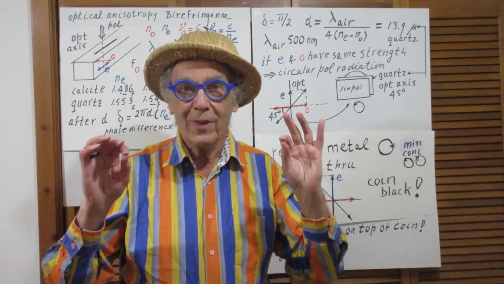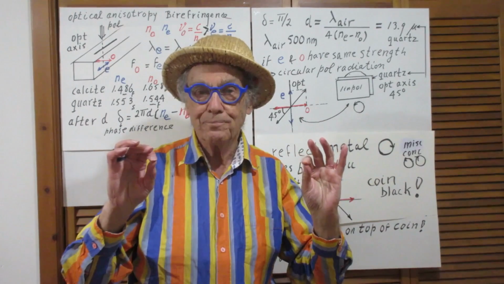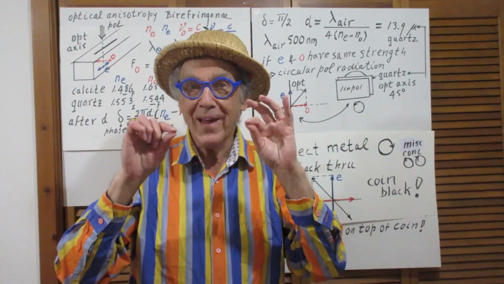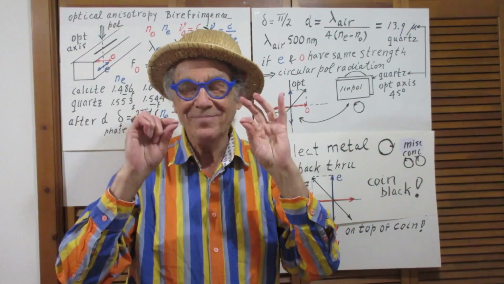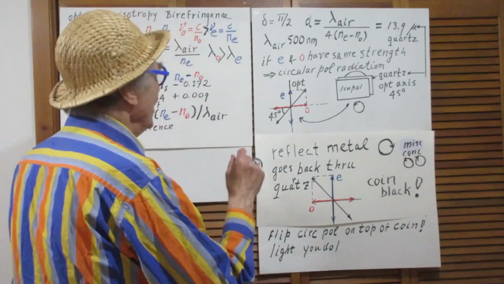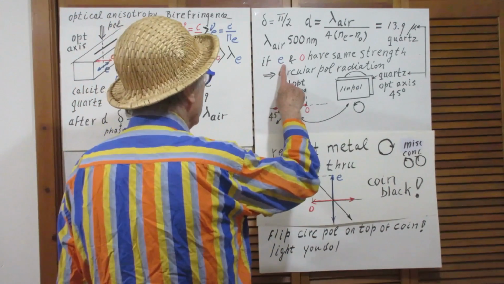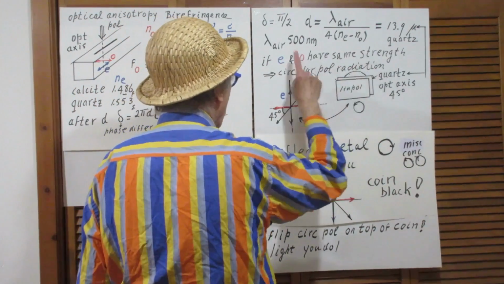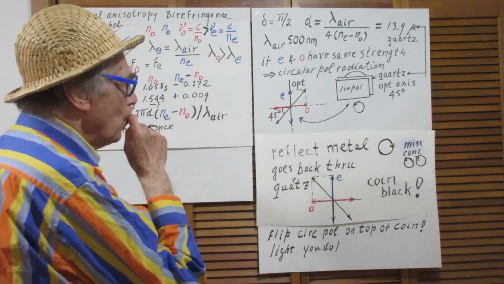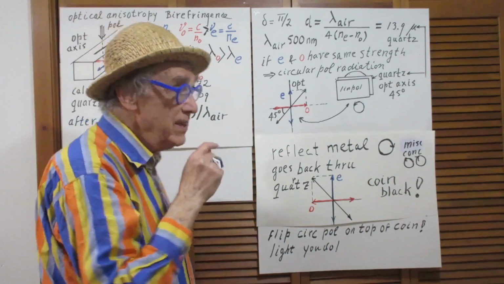However, in our case, and that is built in that secret little plate, we make the E component the same strength as the O component. And that's easily done.